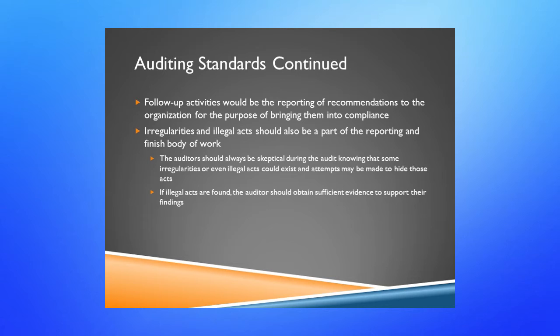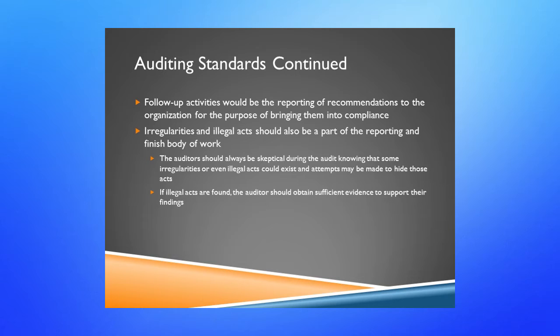They might even get to go to jail because of what I found. I hate to sound callous, but that's your job. If you find those irregularities or illegal acts, you need to make sure that's a part of the report. Regardless of how you feel about the person that might affect, it is not your job to be the judge and the jury, just to report what you found. Let somebody else, if they need to, get further into that investigation.